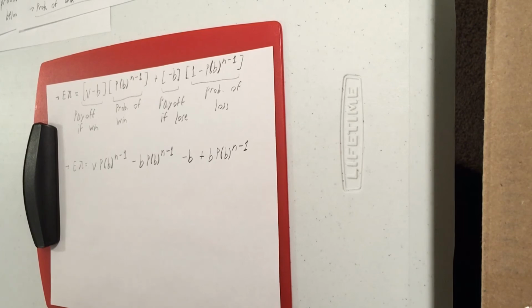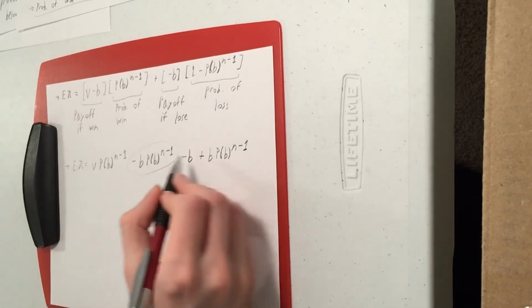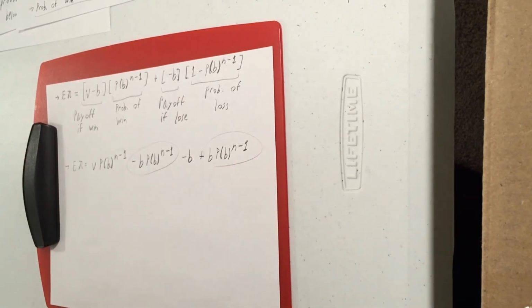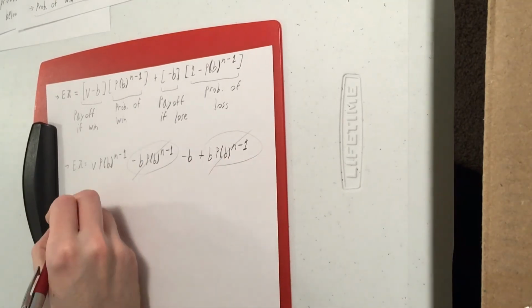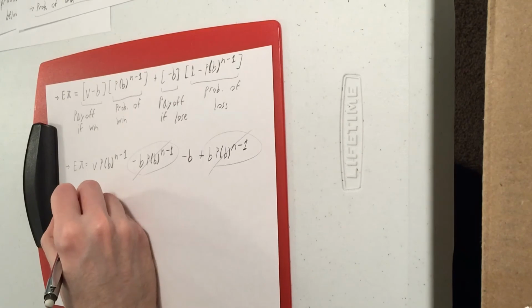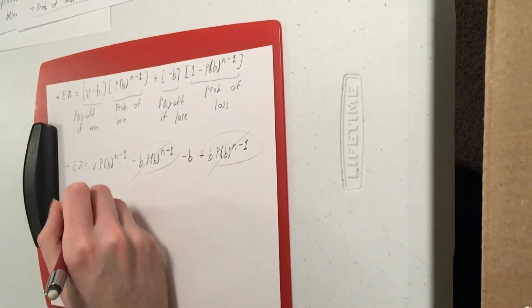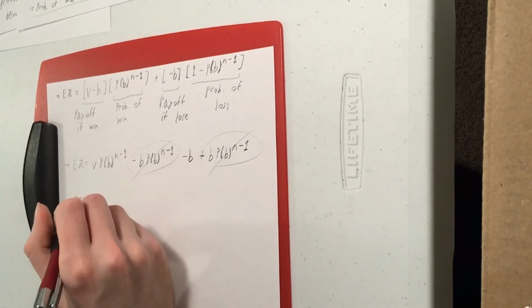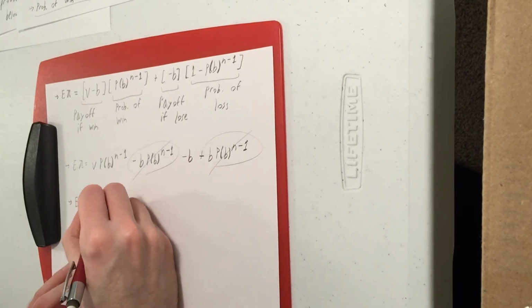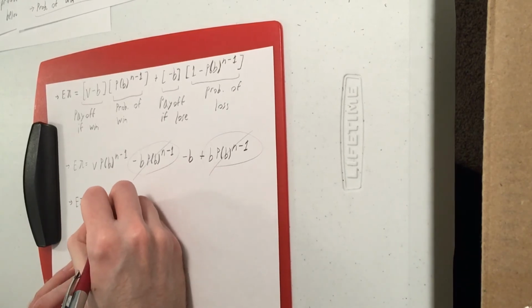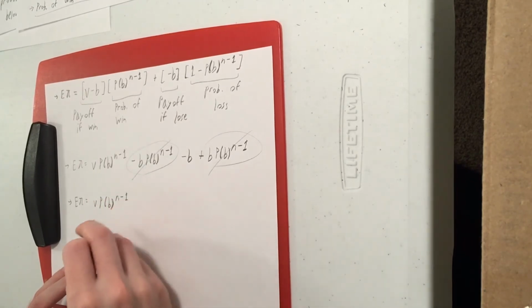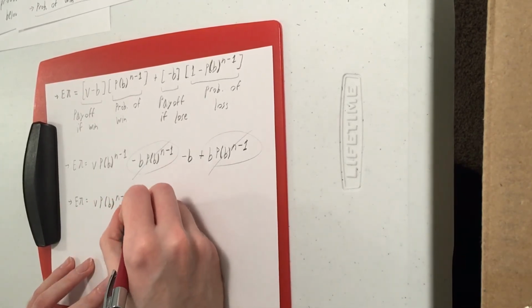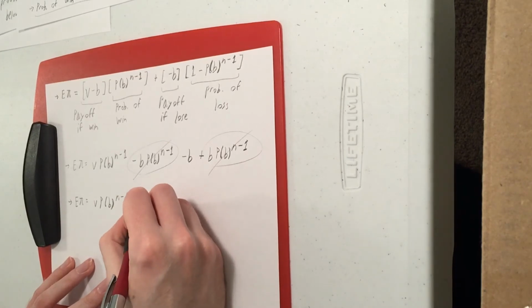Well, that's convenient because these guys cancel out. So I'm left with the expected payoff: V times P of B to the n minus 1, minus B.